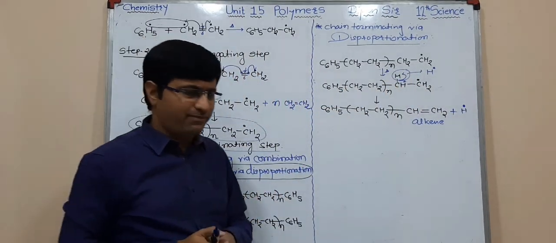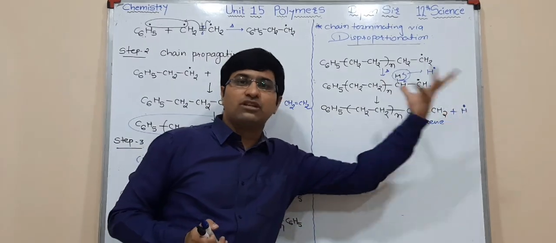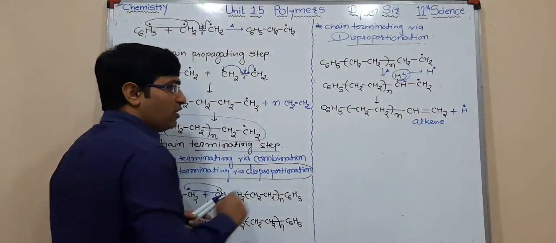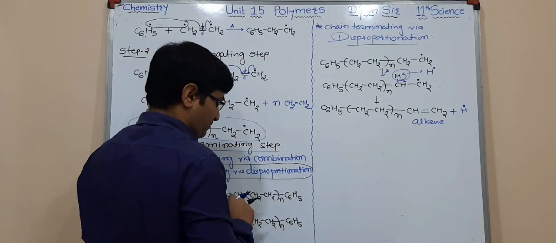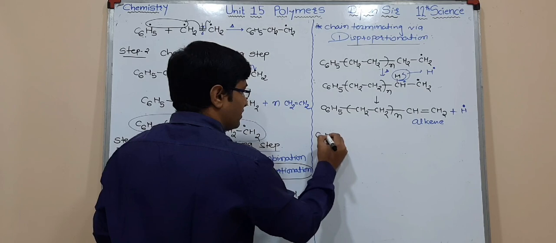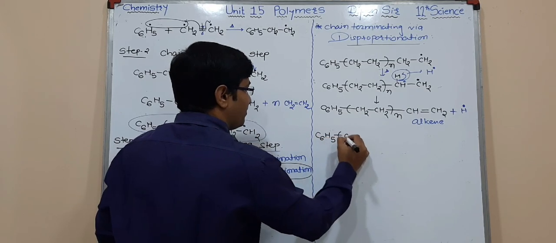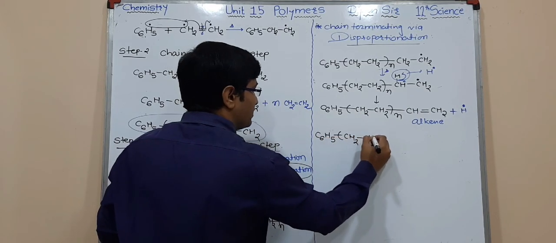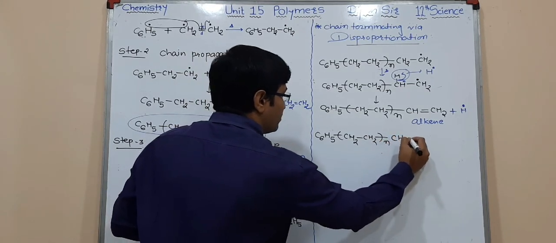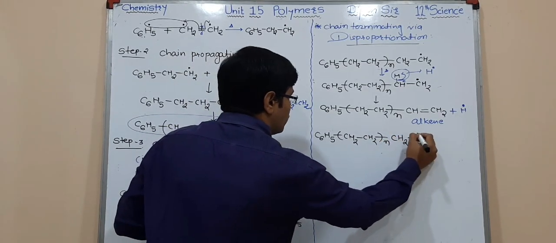Now the question, where are we going to use this hydrogen free radical? We have a number of long chain free radicals, another long free radical C6H5 CH2 CH2 n times CH2 CH2.